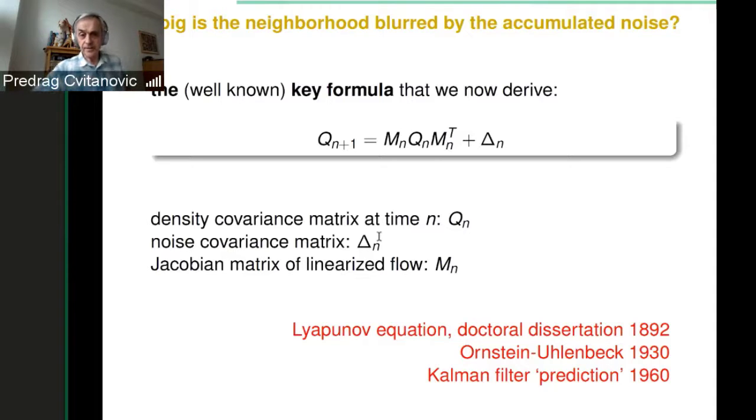So this equation was actually, there is a Russian called Lyapunov, who is credited with everything that ever happened in dynamics. He was a good Russian nobleman who got a doctorate in 1892. He was interested in the stability of the solar system. He was in contact with Henri Poincaré in Paris, being a cultured French-speaking kind of person.